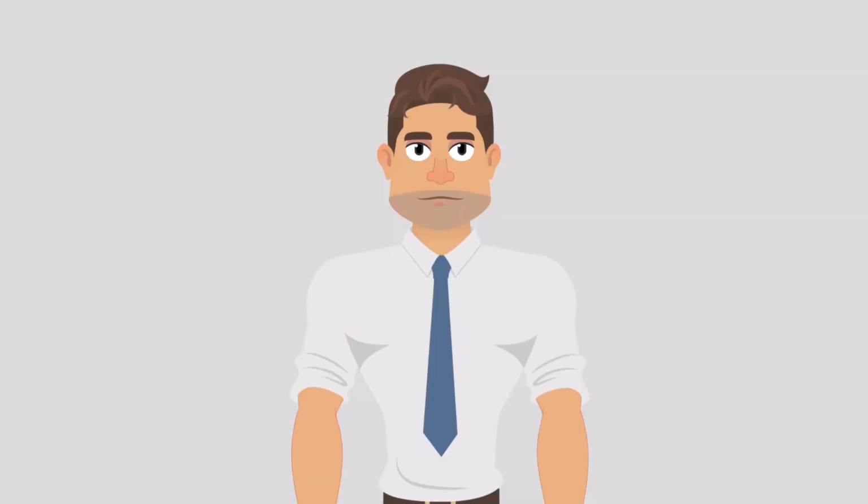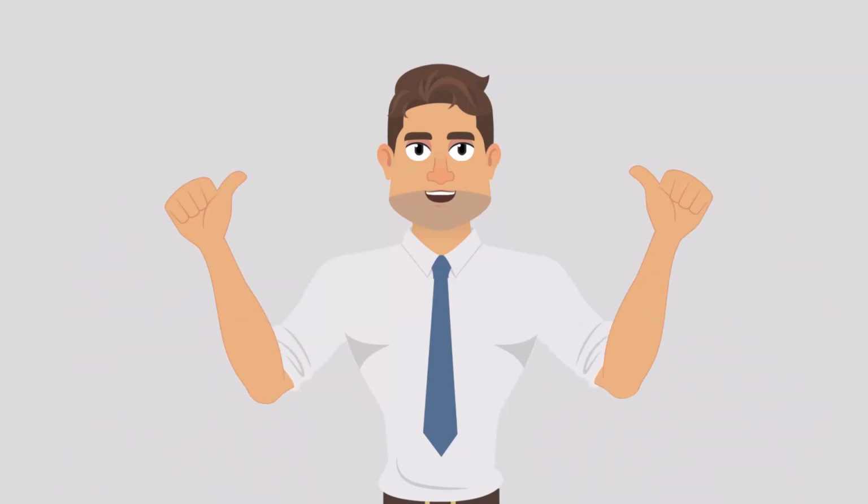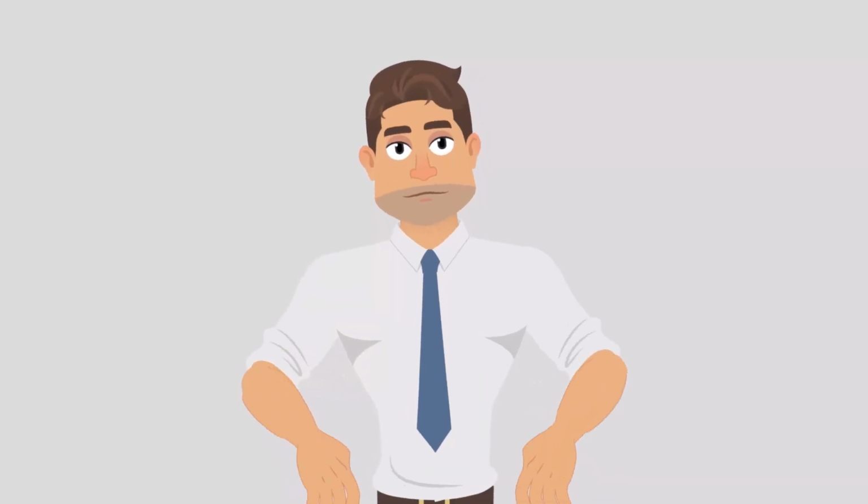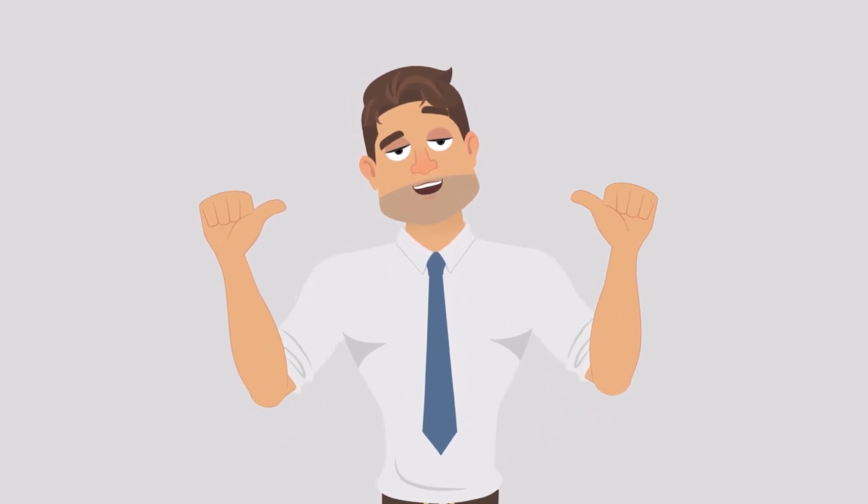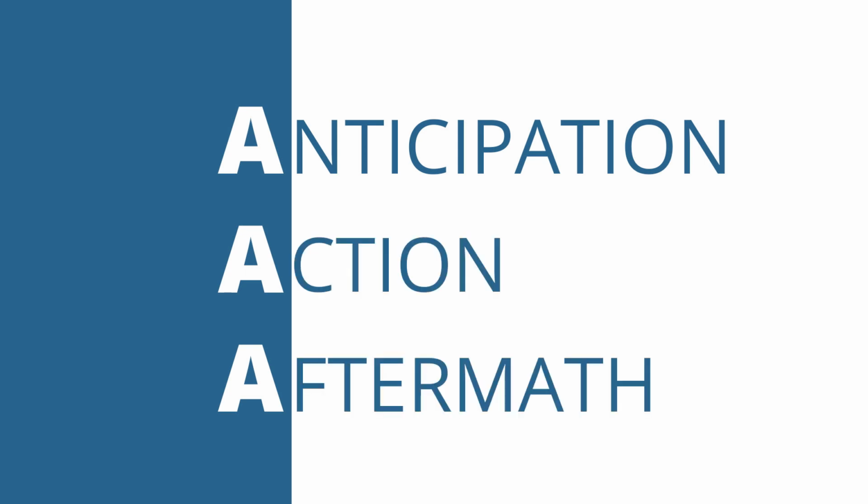Instead of having your character go from point A to point B straight away, which makes it look crappy, you need to have three steps to make it look like this. Those three simple steps are the AAA: anticipation, action, and aftermath.